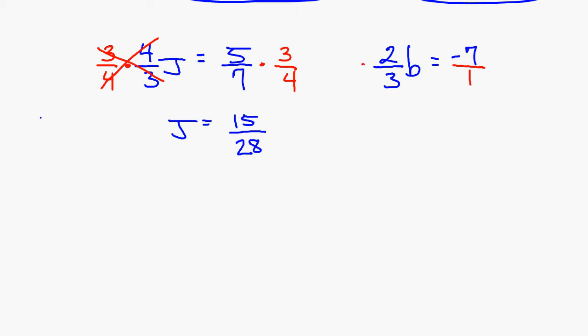Multiply by 3/2 on both sides, the reciprocal. And these will cancel out. And b is going to be equal to negative 7 times 3, which is 21, over 1 times 2, which is 2.